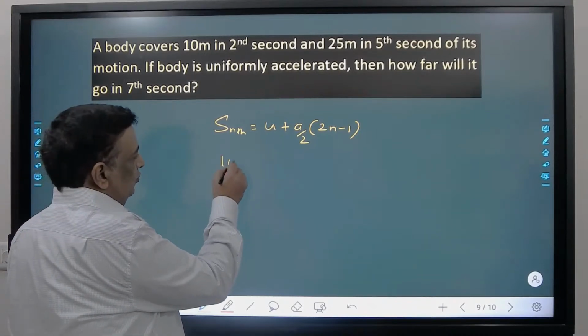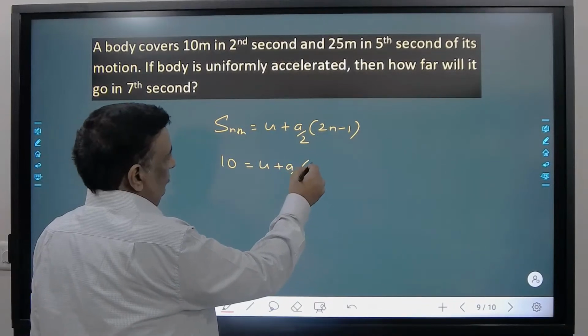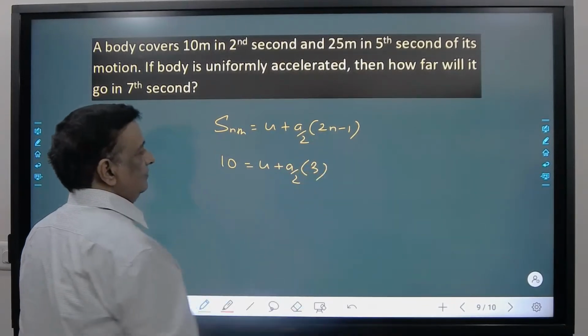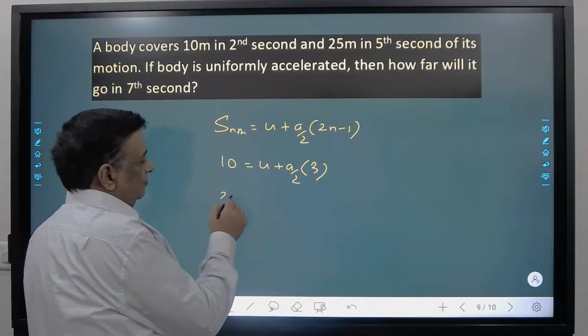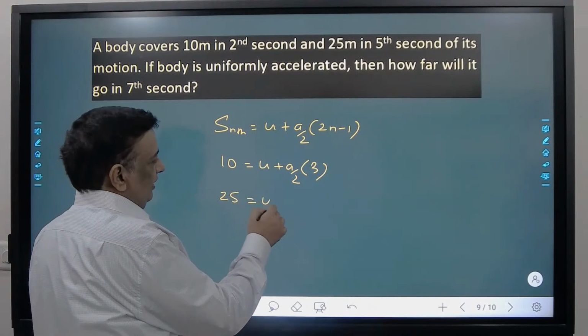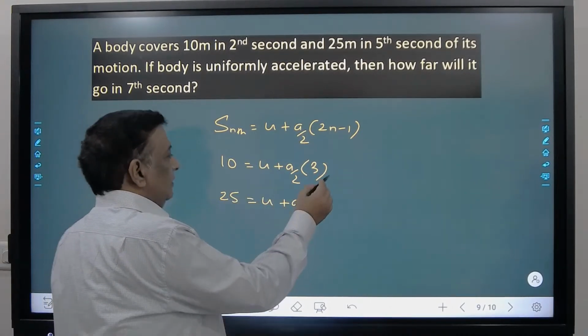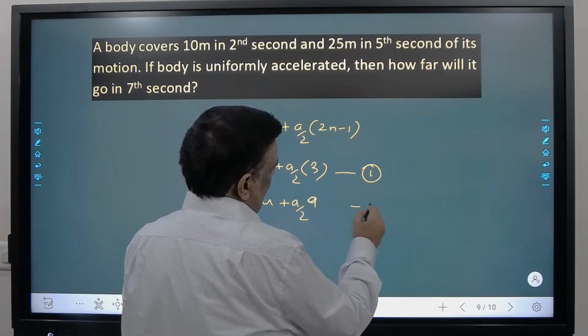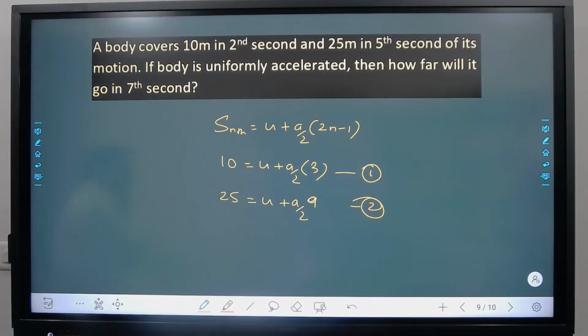So if we put n as 2, it is 2 into 2, 4 minus 1. This is the first equation. And it covers 25 meter in the fifth second. If I substitute n equal to 5, then it's 25. From these two equations you can solve the simultaneous equations to find the values of u and a.